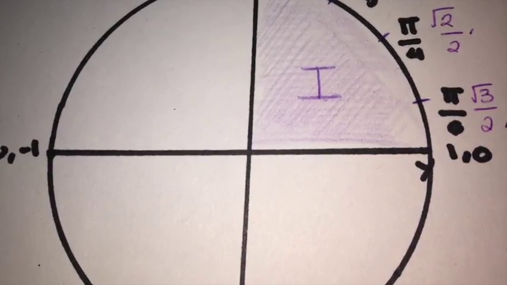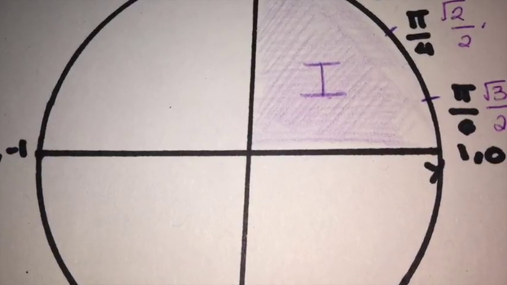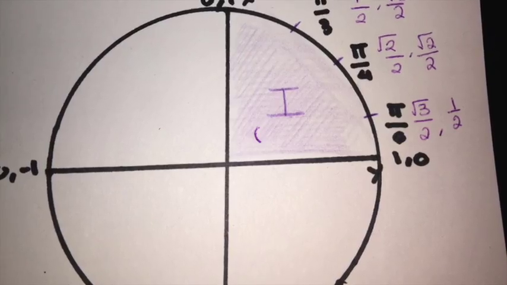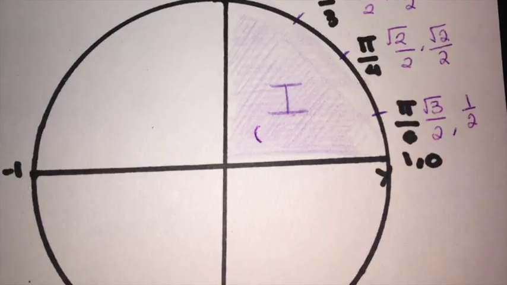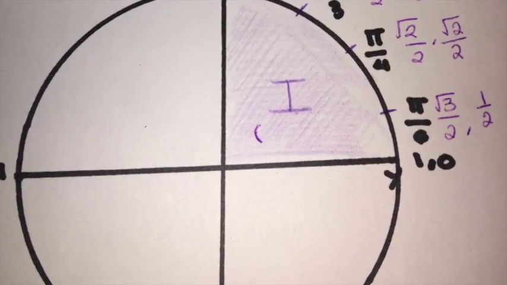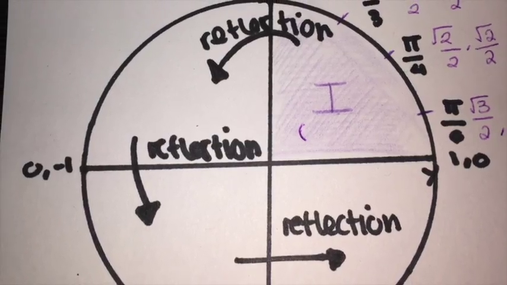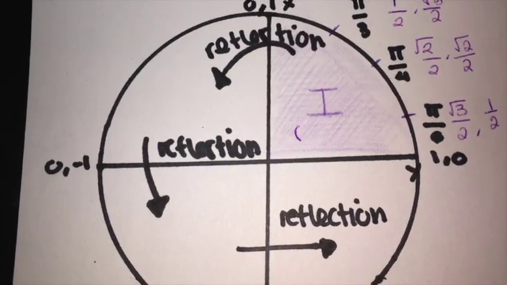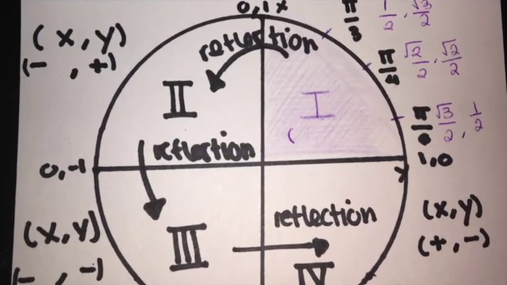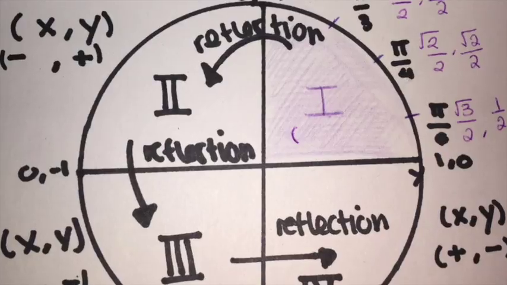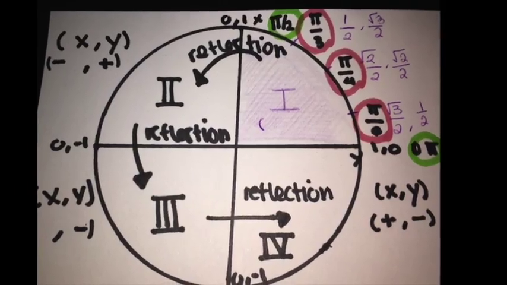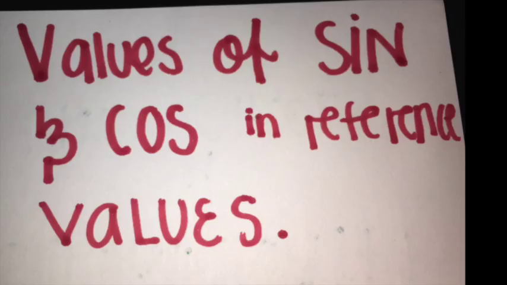Then the denominator is gonna be 2 for all. Now you're just gonna write the same values but in the opposite direction, from 6 to 3. And for the other values, you just need to make a reflection and change the value according to the quadrant they are found. At the end, all you need are your reference values.